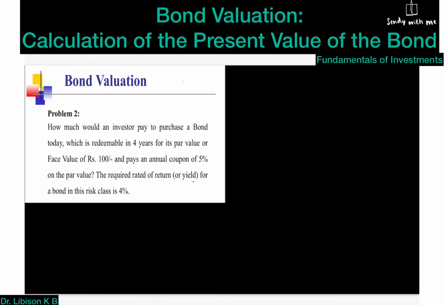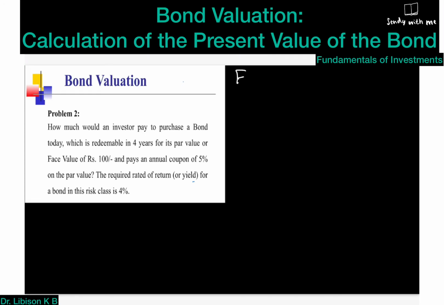How much would an investor pay to purchase a bond today, which is redeemable in 4 years for its par value or face value of rupees 100, and pays an annual coupon of 5% on the par value? The required rate of return or yield for a bond in this risk class is 4%. Again, you have everything to solve the problem in the question.